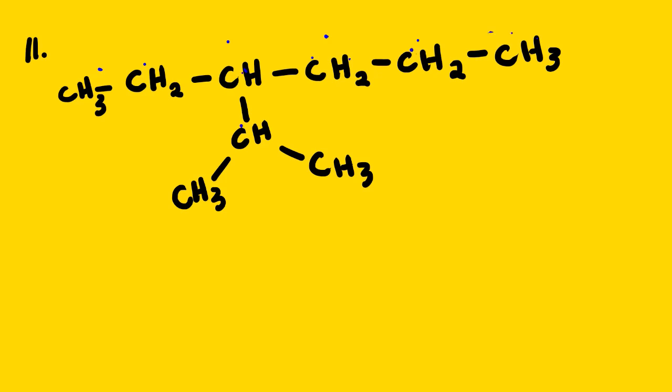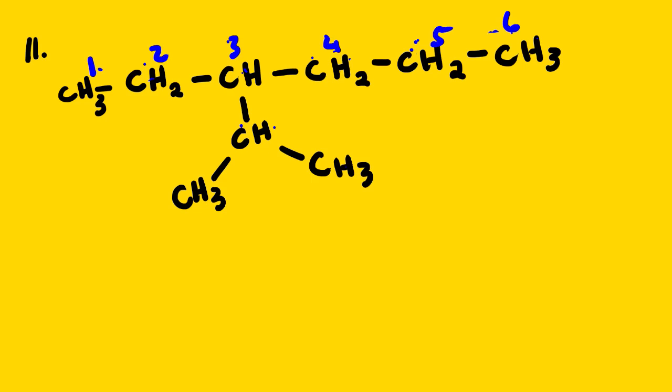In this case, we cannot count from right to left, because the closest carbon that contains the substituent is from left to right. So we have 1, 2, 3, 4, 5, 6.